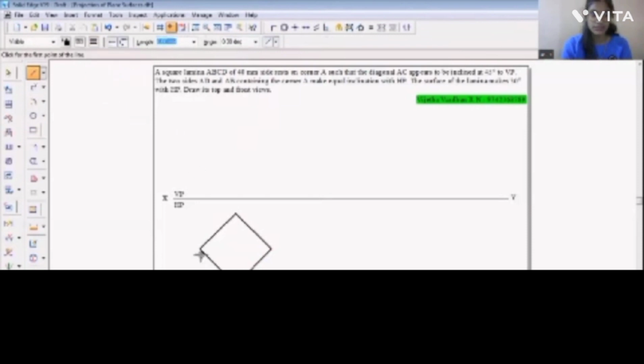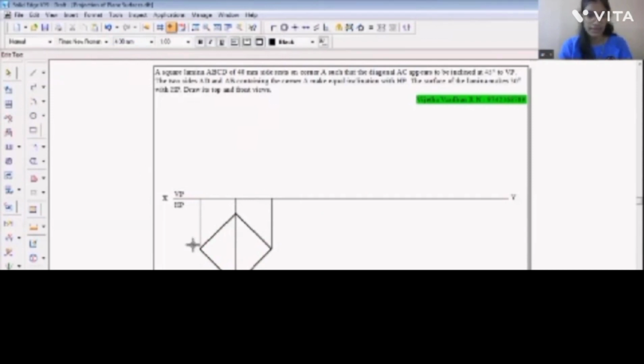Let's project from all the corners until the line touches the XY line. Let's name them A, B, C, and D.